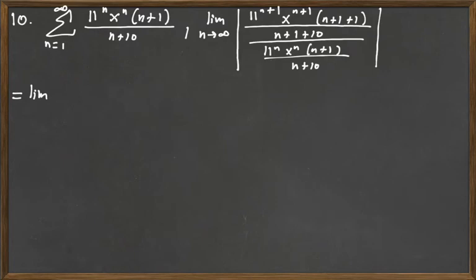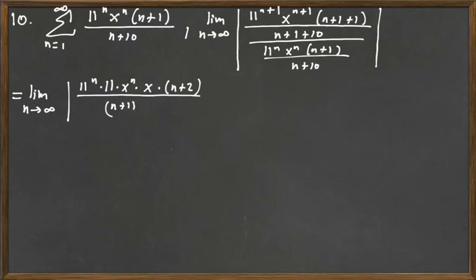That's going to be the limit as n goes to infinity of 11 to the n times 11 times x to the n times x times n plus 2 over n plus 11, and then we're going to flip over the dividing fraction, so n plus 10 over 11 to the n, x to the n, and n plus 1.